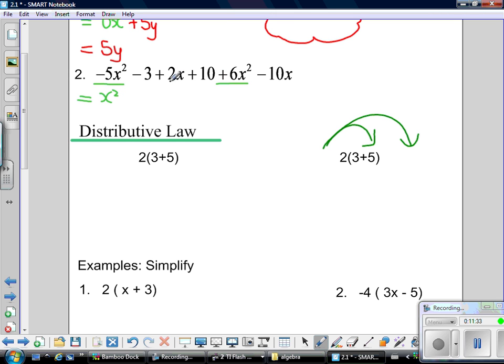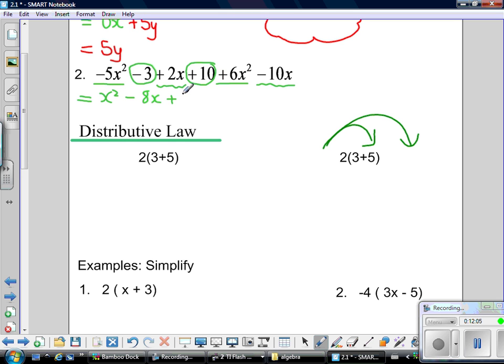Then I go and look next. I'm going to do all the ones that have variables first. I have a 2x. Do I have any more x's? Oh, at the end here. So I have a positive 2 and a negative 10. Positive 2 and negative 10 is a negative 8x. And I'm now left with my constant terms. I have a negative 3 and a positive 10, which would give me a positive 7.